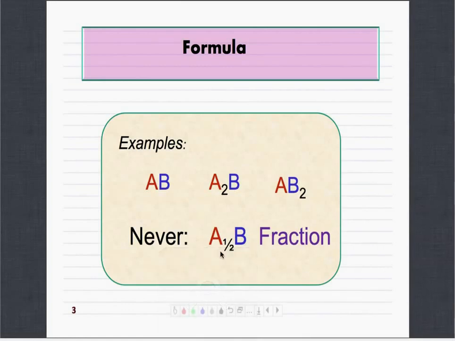You will never see a fraction in a molecular formula. You would see it in an empirical formula, which we're going to talk about by Wednesday, but you never see a half or a quarter in a molecular formula of a compound. It's always an integer, okay?